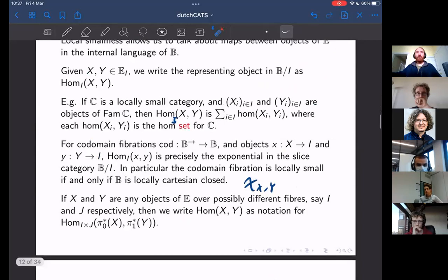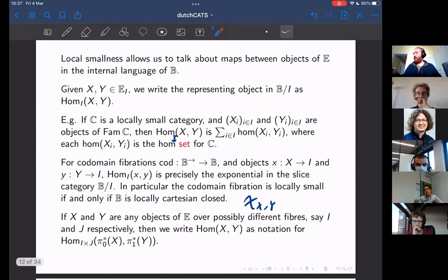So like with any kind of definability, these hom objects are uniquely determined up to isomorphism by the fibration where we're working. It just happens that we have these nice descriptions in both set indexed family fibrations and codomain fibrations. They look very different, but they're still hom objects in a locally small fibration.